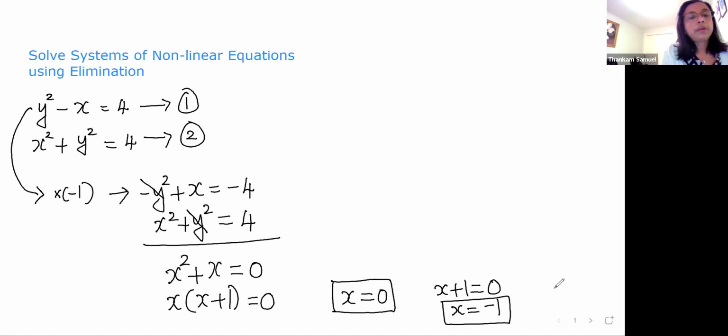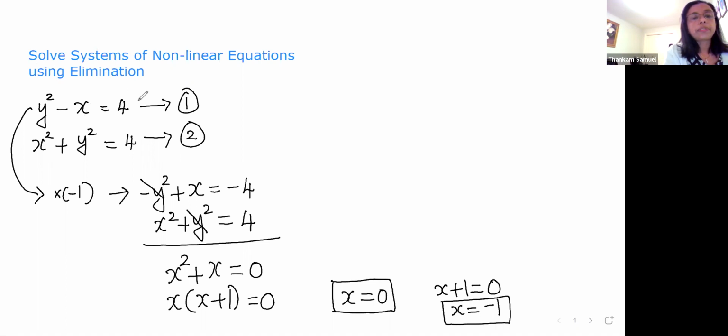So we have x equals 0 and x equals -1. We can consider one of the first two equations. I am going to consider the first equation to substitute the value of x and find the value of y.